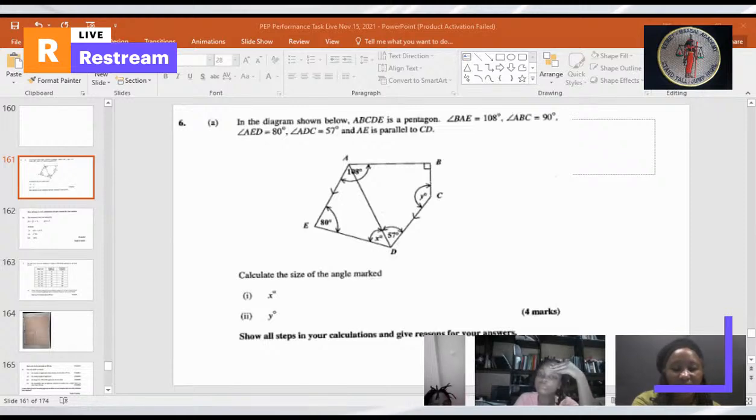Now, how would we find Y? Miss already gave us angle B, which is a 90-degree angle because of the square. So how would we find Y? With the 90 degrees plus the 57 degrees.